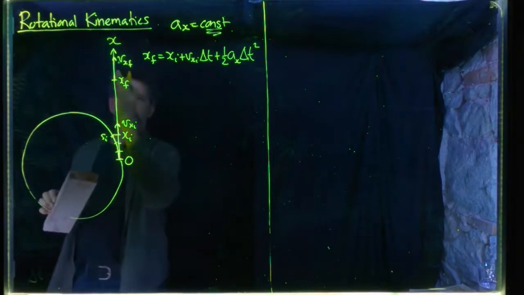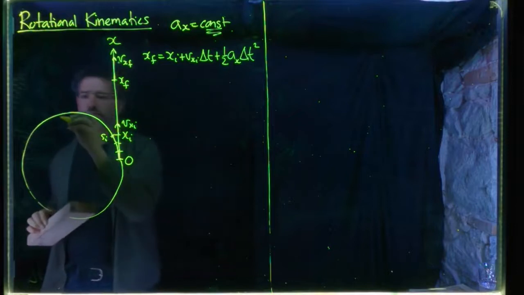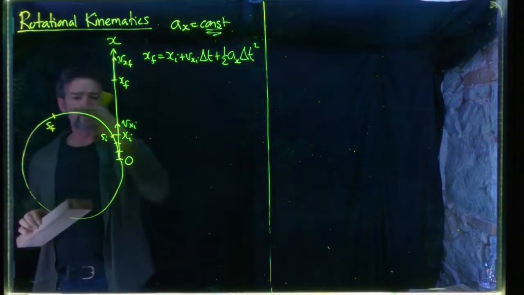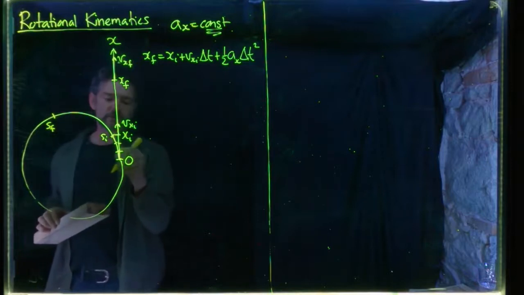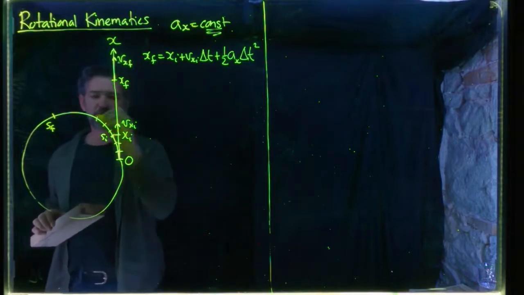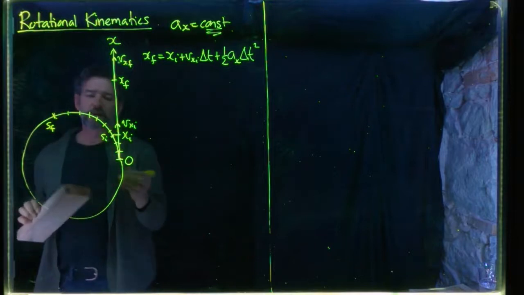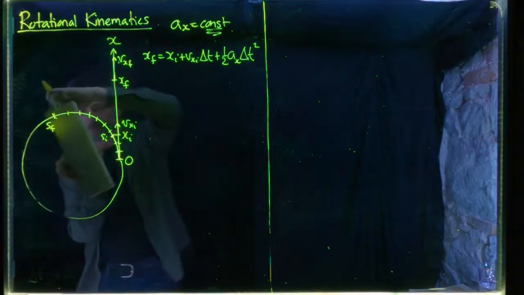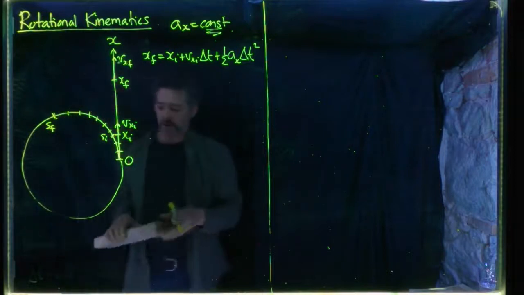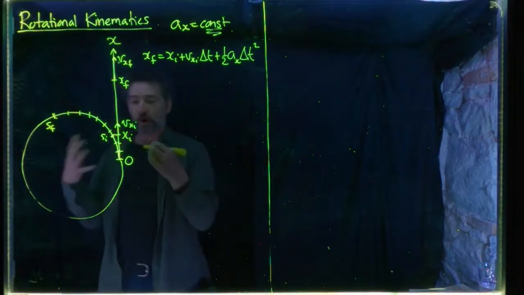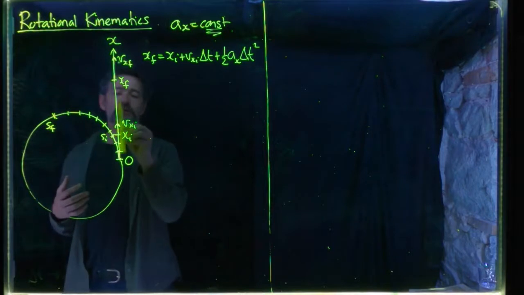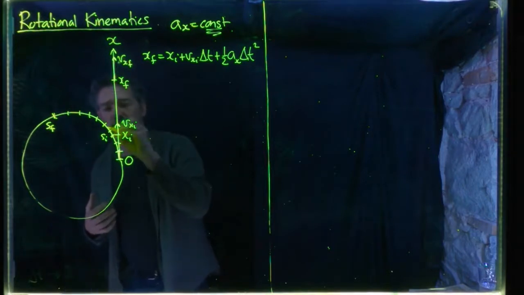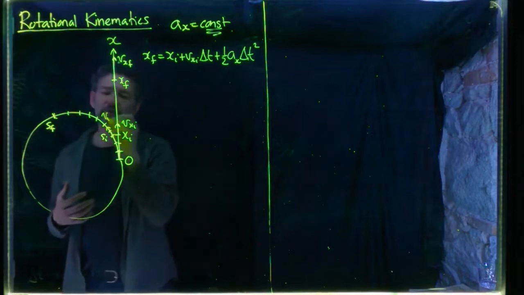So let's bend this x-axis over, and suppose that x final becomes s final, the final tangential position. Instead of starting at 1, 2, 3 meters, it ends at 10 meters as its final tangential position. And instead of an initial velocity in the x direction, it started with an initial velocity in the tangential direction, so that's v tangential initial.